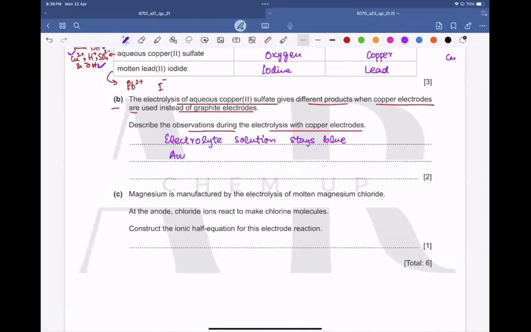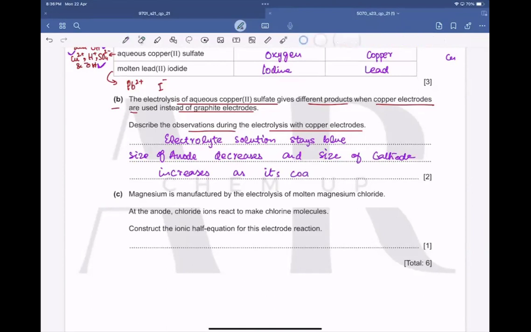So we can write that size of anode decreases and size of cathode increases as it is coated with pink solid.